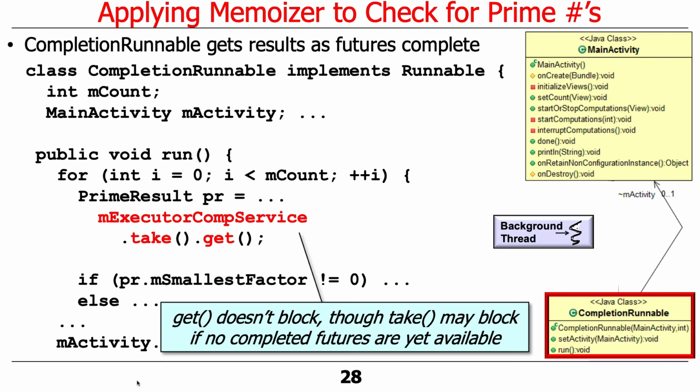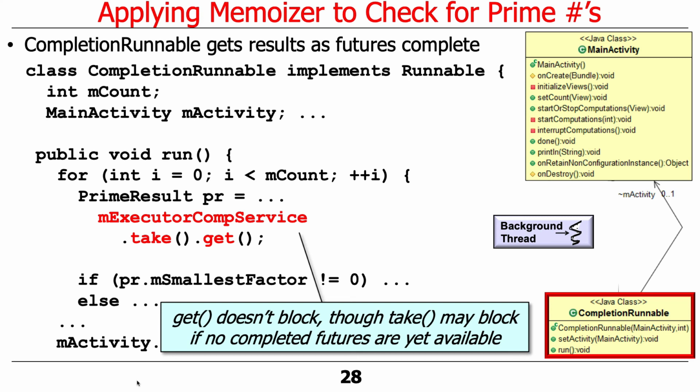Now, what's interesting here is that take will block until there is some completed future available on the internal completion queue. And once take returns, then get will be used to convert the future that comes back into the actual prime result, which is what the future is encapsulating.